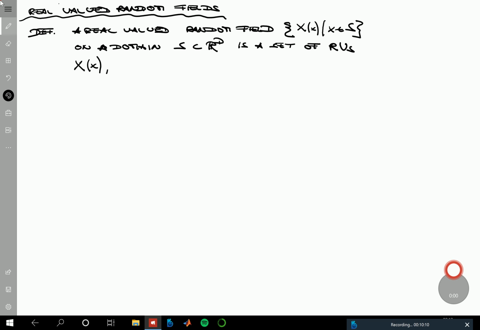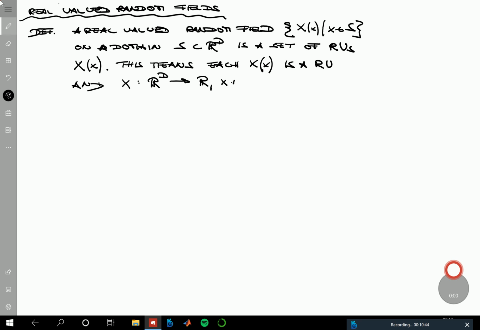This means each X at location x is a random variable, and X: R^D to R, x maps to X(x), is a function.